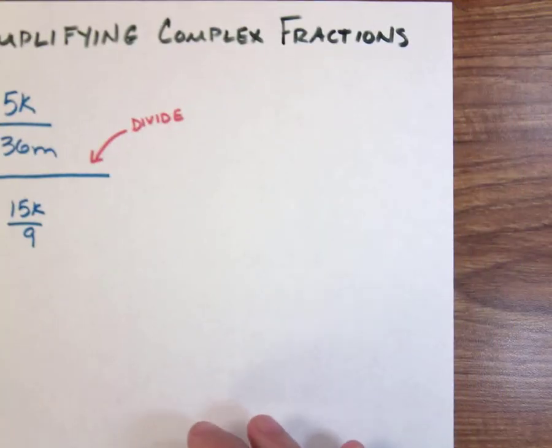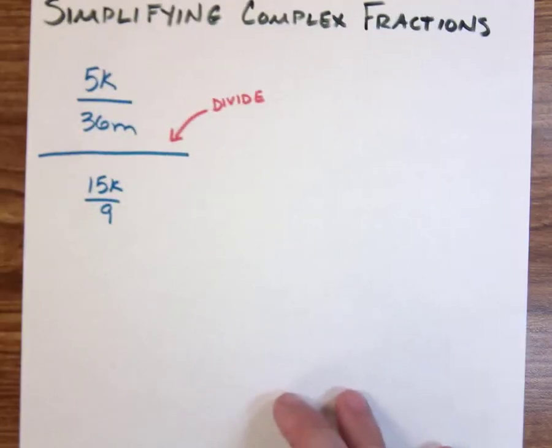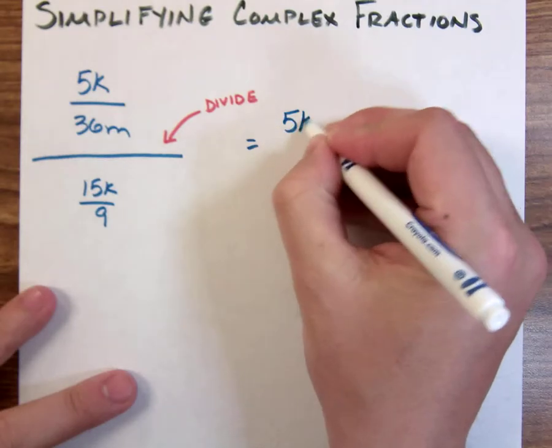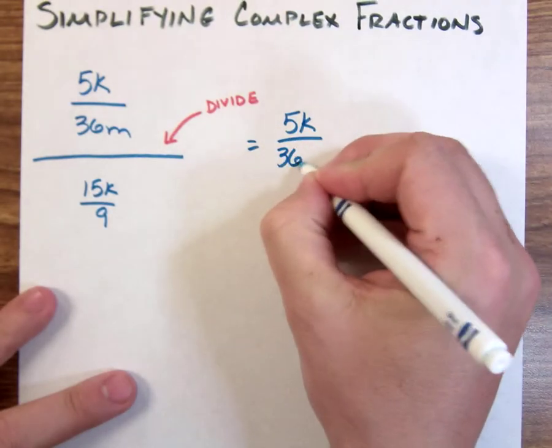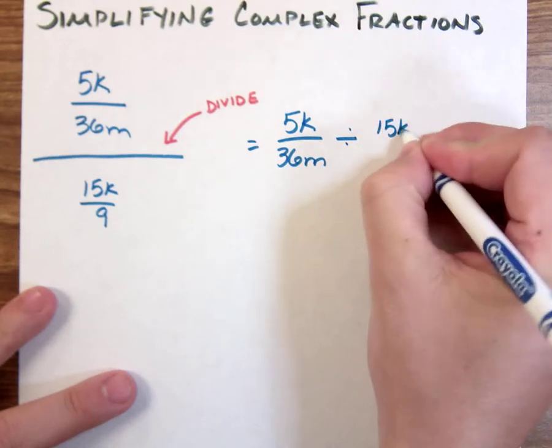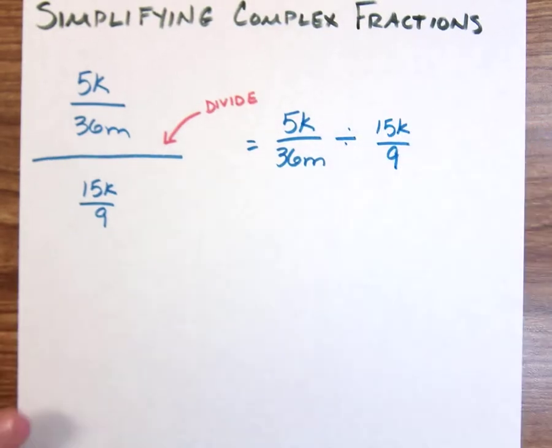So it's written like this, but I could also rewrite this as 5k over 36m divided by 15k over 9.